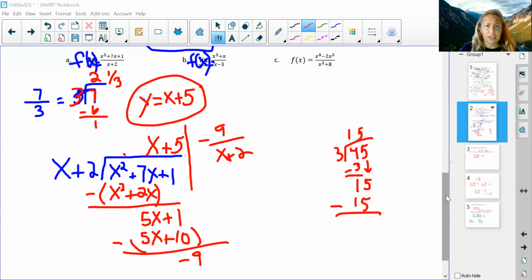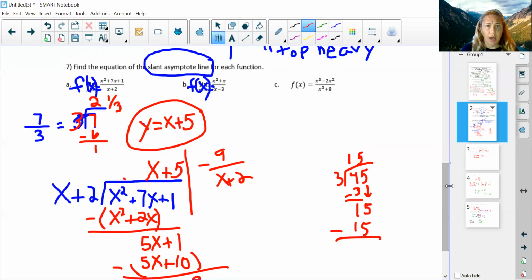So let's do one more together, and then the third problem will be left for participation work. Let's take a look at letter B, which asks me, actually, you know what?